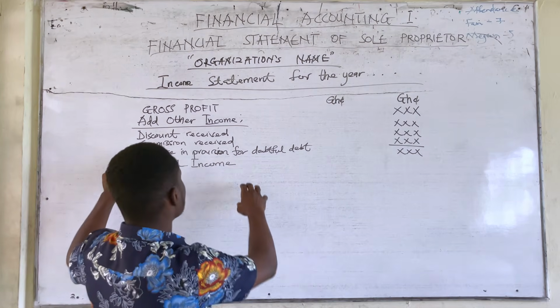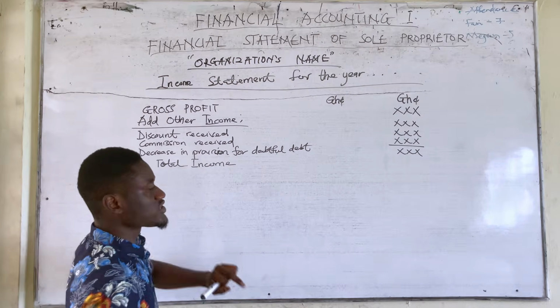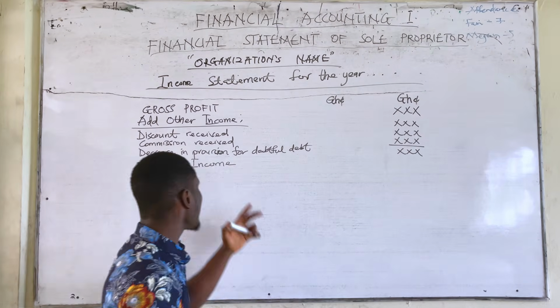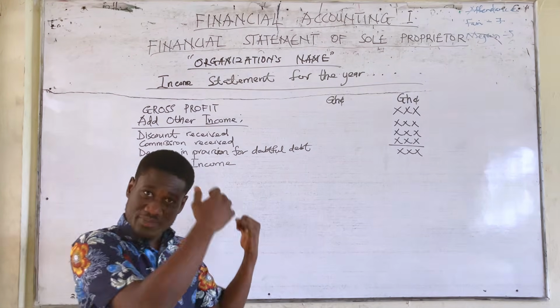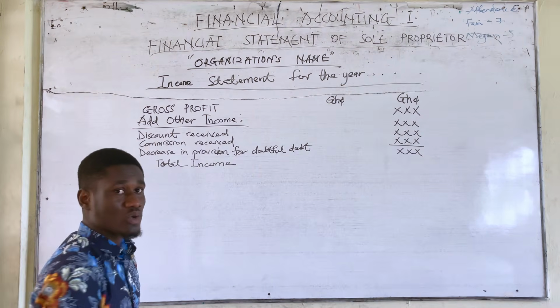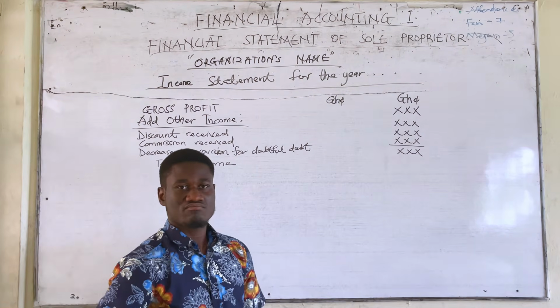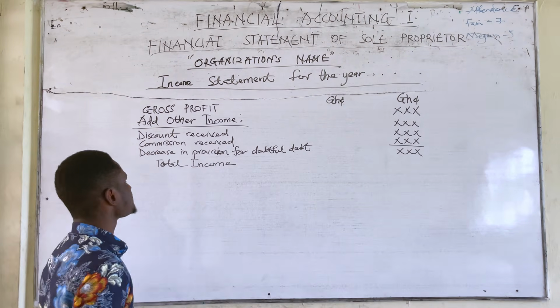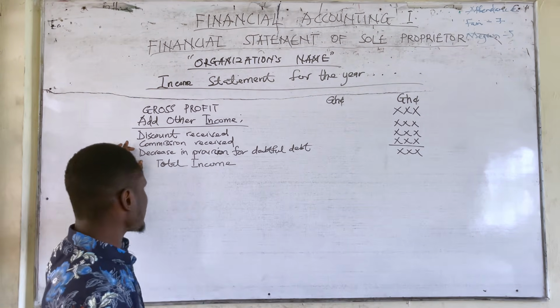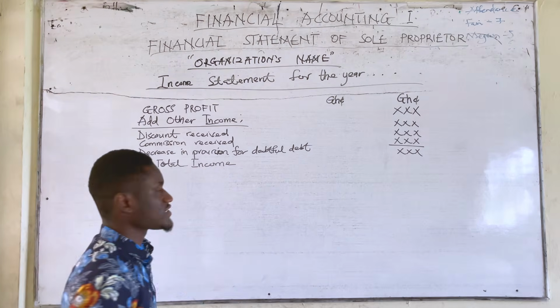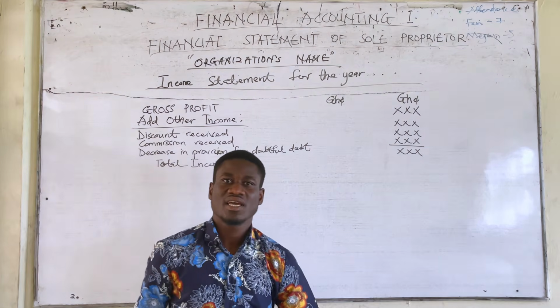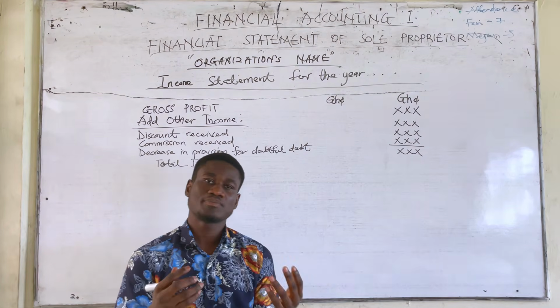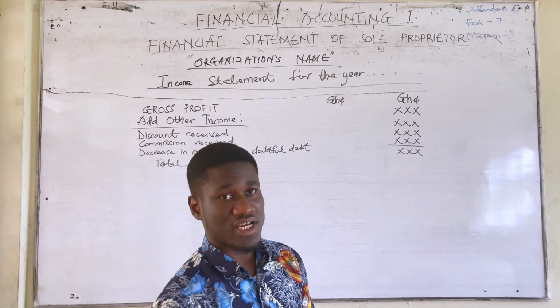For this decrease in provision for bad debt, in fact, with the other income and expenses that we are looking at, there will be some calculations you have to do over there. Okay, good. Let's start with the provision for bad debt. Okay, so with this one, they can give you the item in the trial balance.